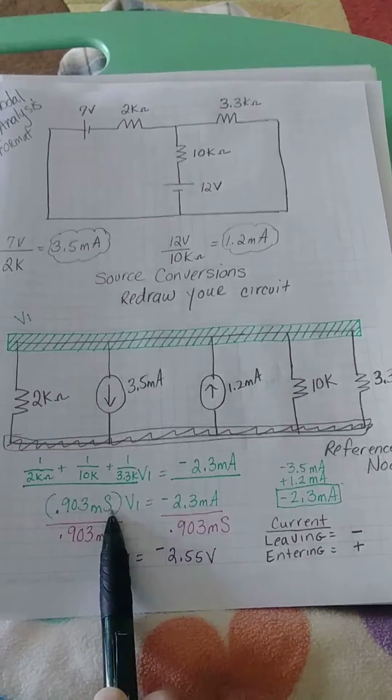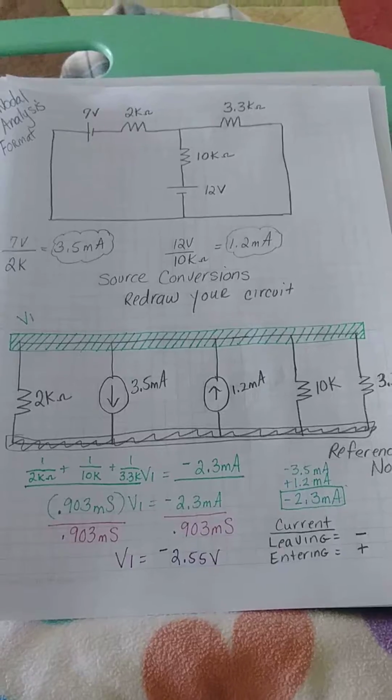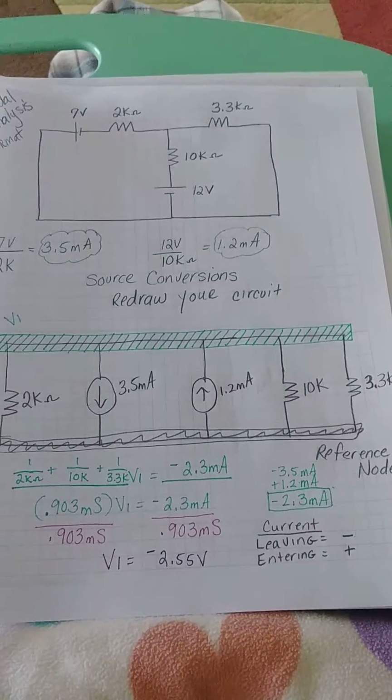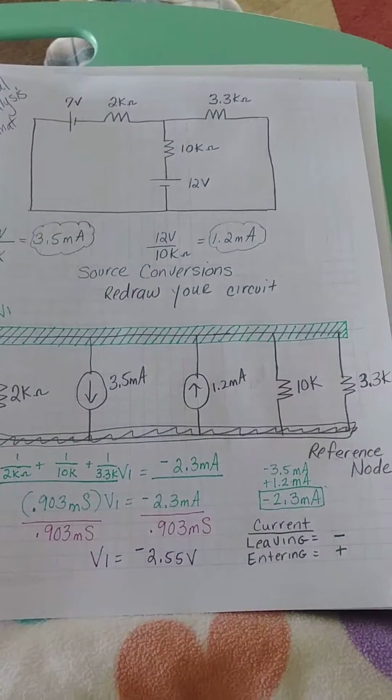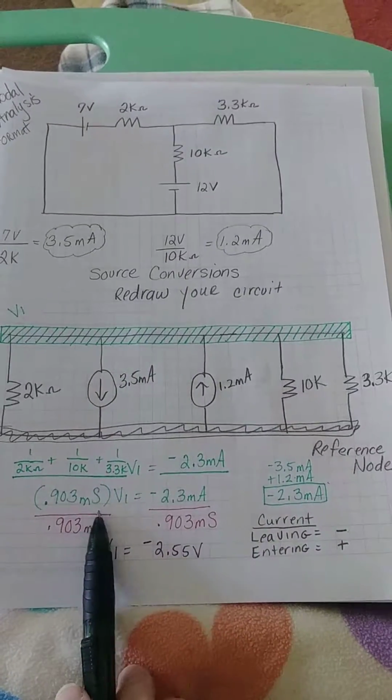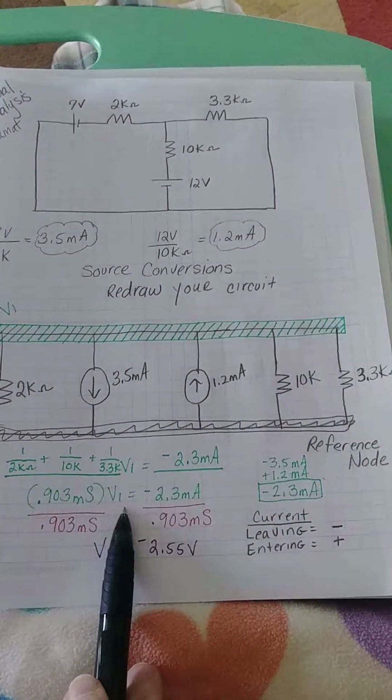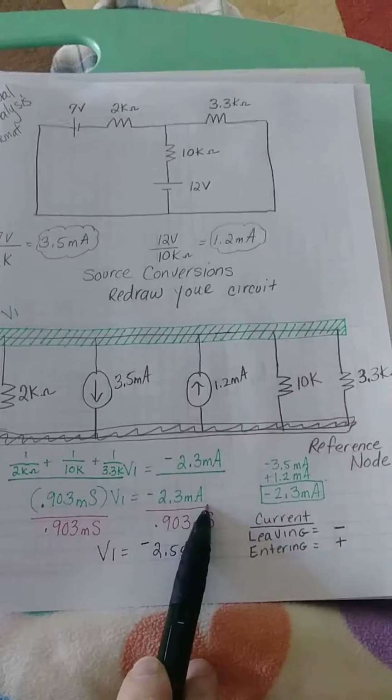Remember, when you do the reciprocal of a resistor, that's conductance, and conductance is in Siemens. So now we have 0.903 millisiemens times V1 equals the current.